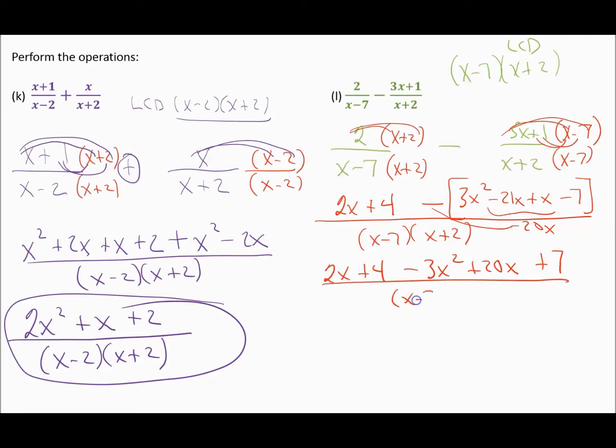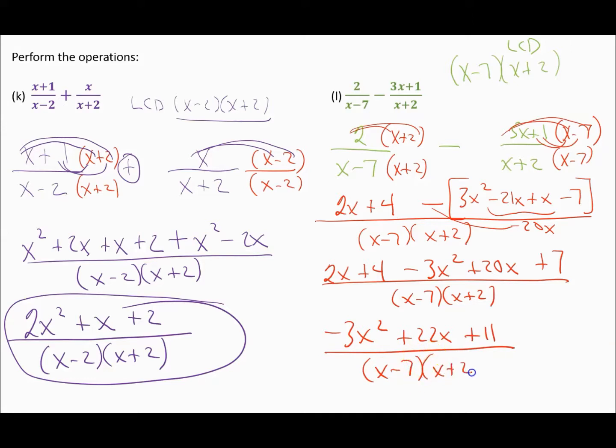Over a denominator that I do not need to multiply out, it is good factored. I add like terms. I have a negative 3x squared. I'm going to write that first because that's the highest exponent. 2x plus 20x is 22x. And 4 plus 7 is plus 11 over the common denominator of x minus 7 times x plus 2.